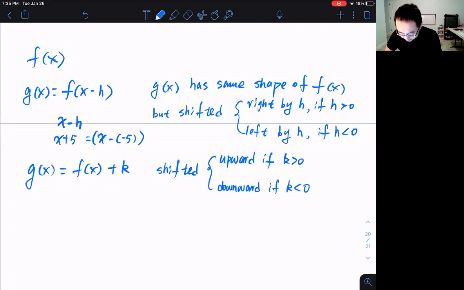So in this particular case, h is less than 0, so you know g of x is shifted to the left, okay? At least for me, this is left, and by the size of 5, right? So always keep it in this x minus h format, okay? Even if it's a positive number that you're seeing there, okay?